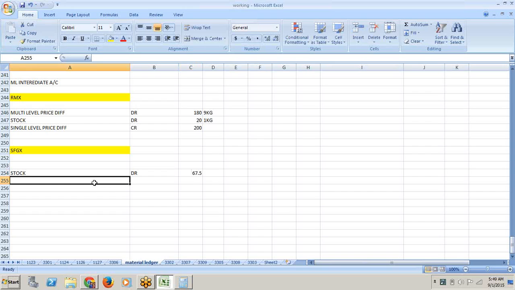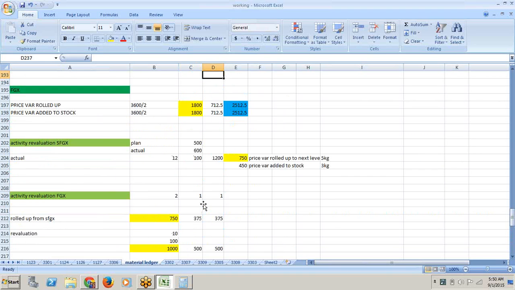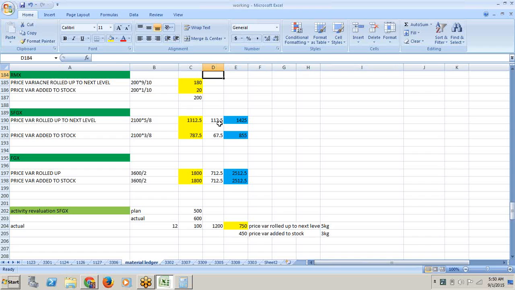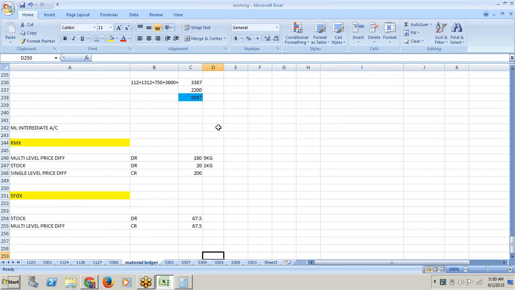Next one, to which it will credit, it is coming from lower level. So multi-level price difference account is crediting 67.5. This is one thing. Again, here we are having in this level, this is keeping at stock. This is price difference account. This 112 is coming from lower level.